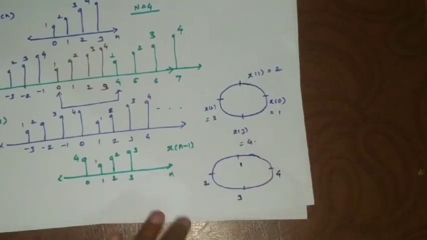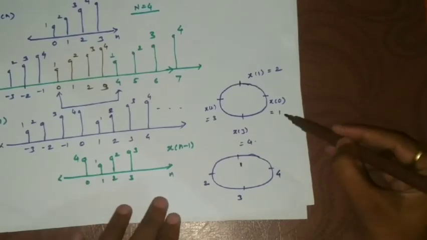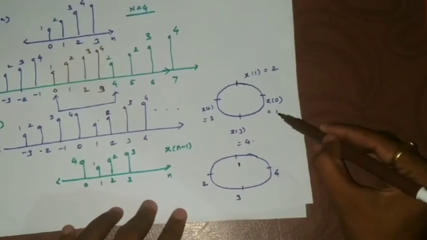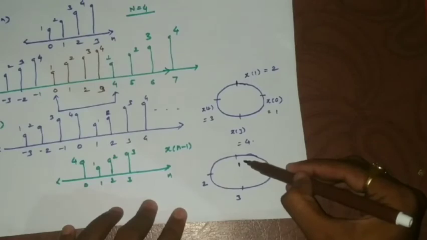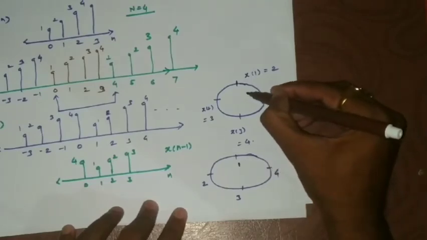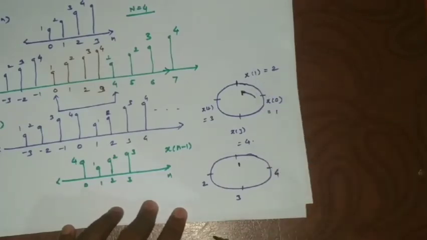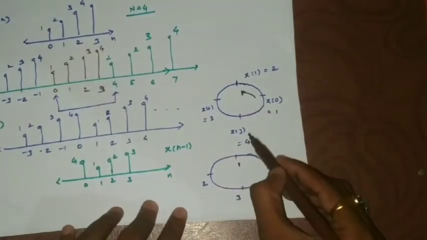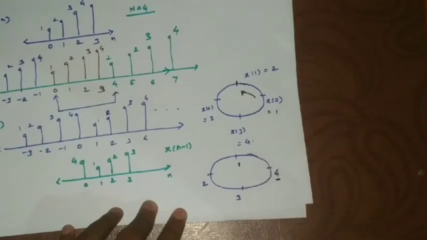Now compare these two circles. You can see it here. Initially the value of 1 was here, and in this case it is here. That means it is shifted by 1 unit circularly. Similarly 2 now is here, 3 now here, and 4 was here, it is here.